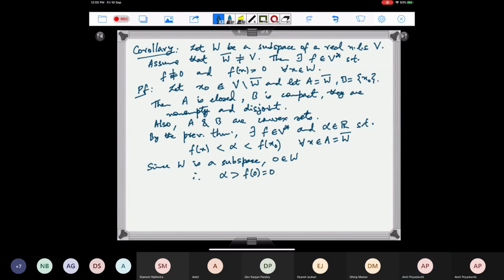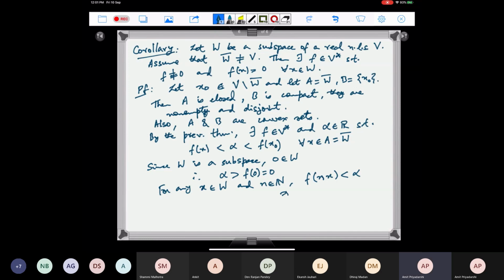So for any x in W, suppose I take any natural number n, then f of nx has to be less than alpha.